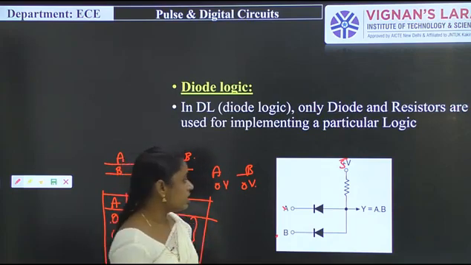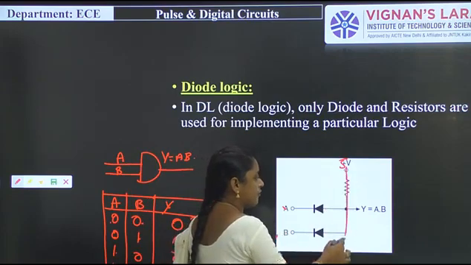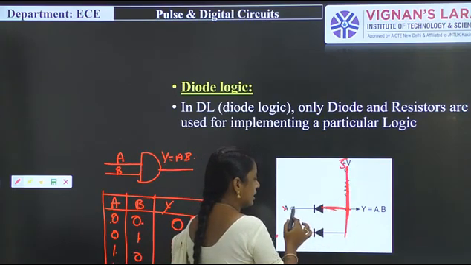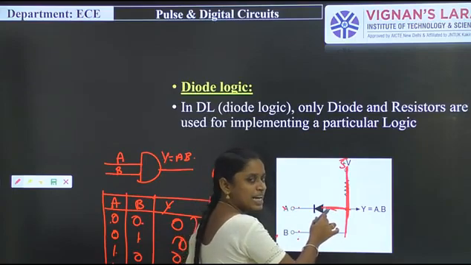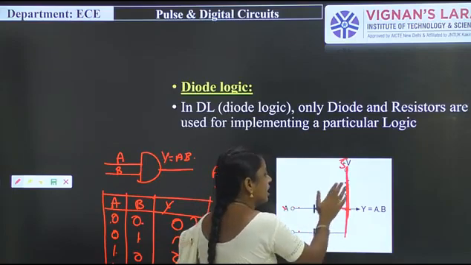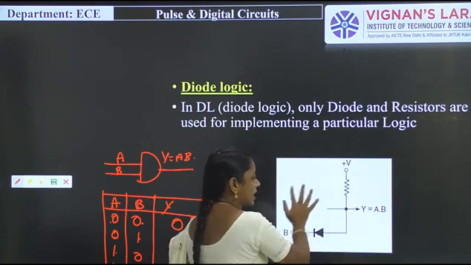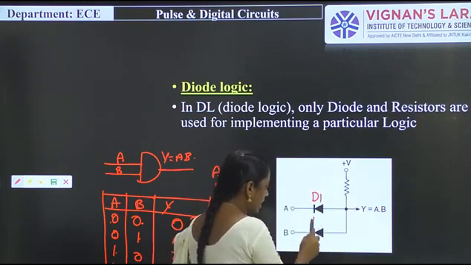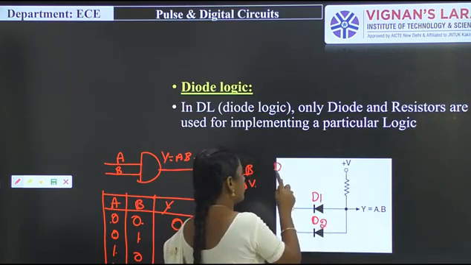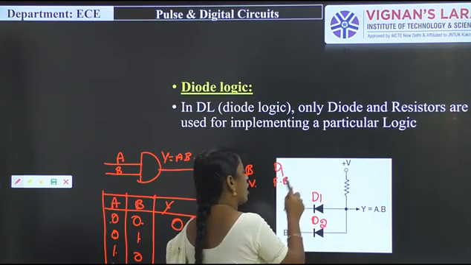These are the two conditions. Here the anode voltage is 5 volts and the cathode voltage is 0 volts, so the first condition is satisfied, and at the same time the second one too. So D1 will be forward biased and D2 will be forward biased.